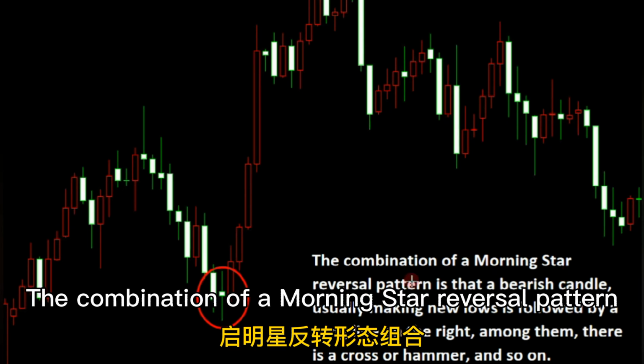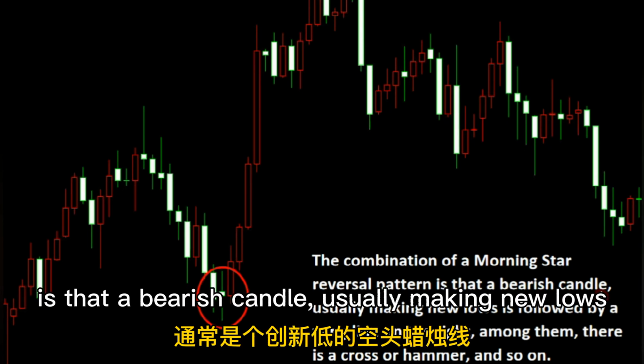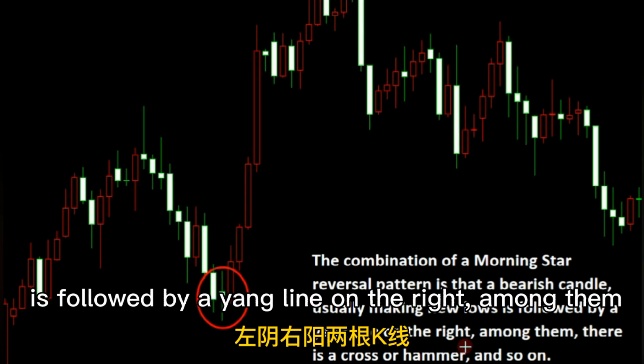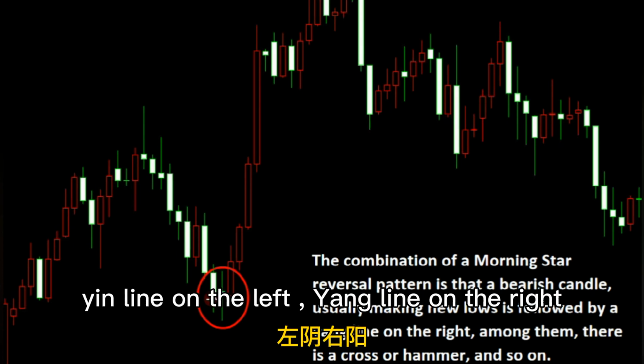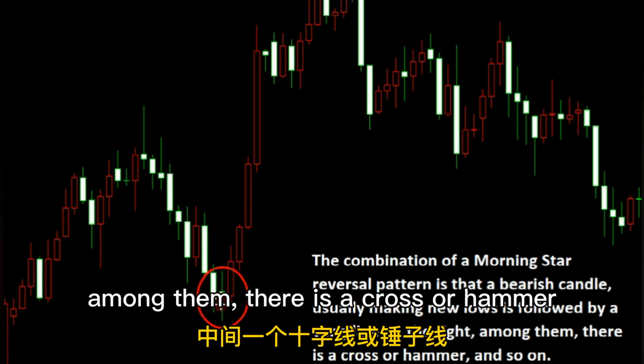The morning star reversal pattern is a combination where a bearish candlestick, usually making new lows, is followed by a yang line on the right. Among them, there is a cross or hammer. Yin line on the left and yang line on the right, with a cross or hammer between them.